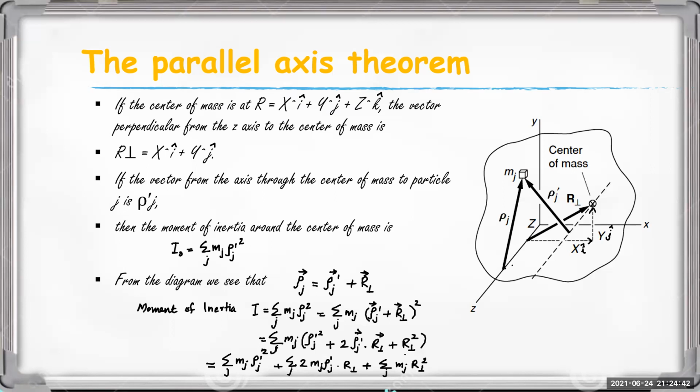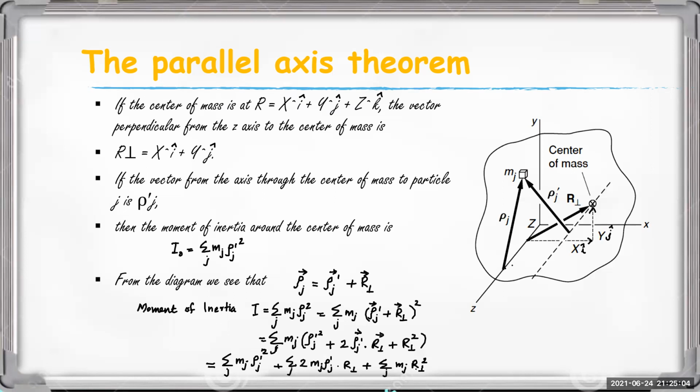Okay, is it okay? Then consider this term. What must it be equal to? Summation mj rho j dash whole square is equal to I0. Okay, then we got this quantity. Then here, summation j mj r perpendicular square.